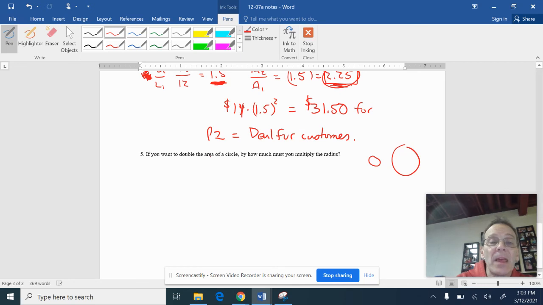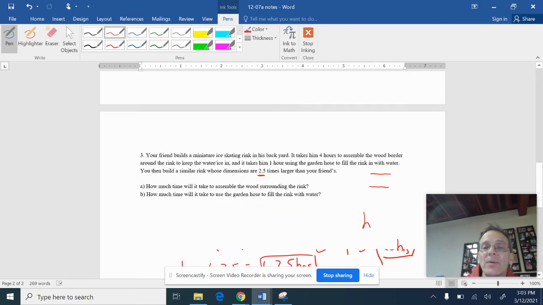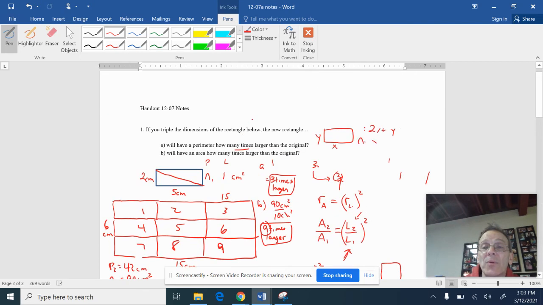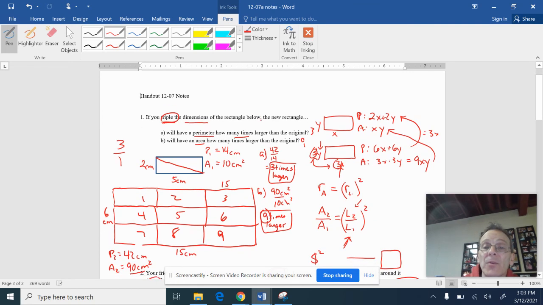We want the area of circle 2 over the area of circle 1 to be 2 to 1. I could put that over 1 if I want, but 2 over 1 is just a 2, right? Going back to what I wrote as our third way of doing problem number 1, this is the key: the ratio of two areas is the ratio of lengths squared, or written this way, it's the same thing.